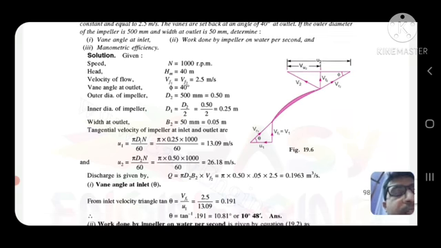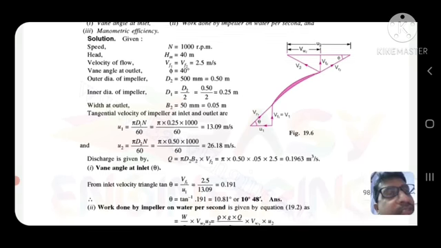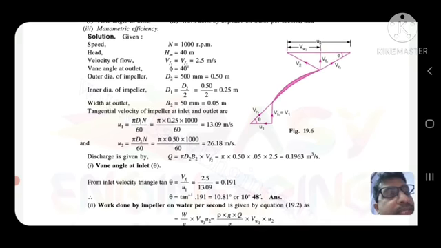N is equal to 1000 rpm. You draw the diagram first, then VR1, U1, Vf1, and the other one is V2, Vr2, U2. N is equal to 1000 rpm, Hm is equal to 40 meter, Vf1 is equal to Vf2 is equal to 2.5 meter per second, phi is equal to 40 degree, D2 is equal to 500 millimeter, 0.5 meter.